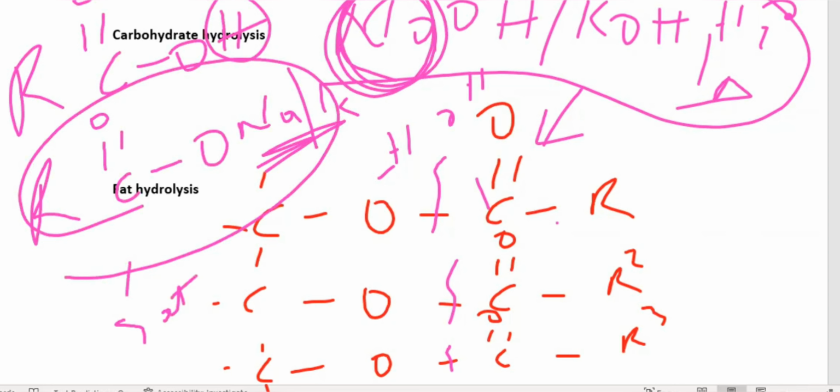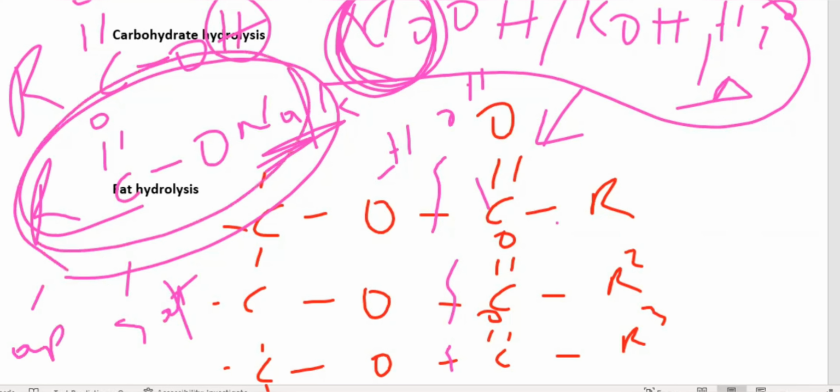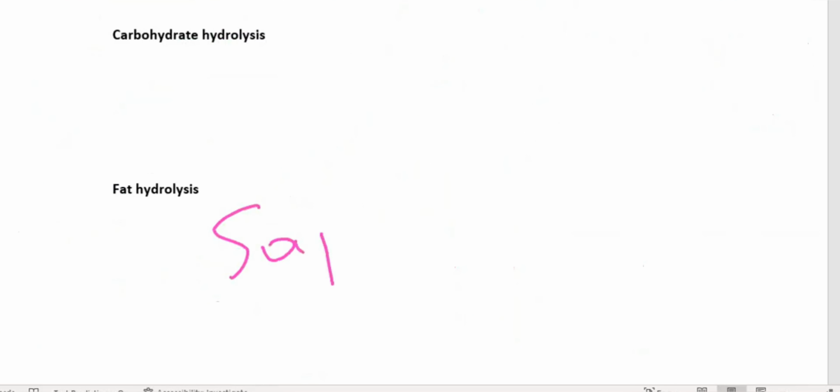So that's a salt. Now, this salt, they found out, can be used to clean clothes. So they call it soap. So this salt is actually soap. And because this process of the alkaline hydrolysis of fats produces soap, they call this process saponification. Okay, they call it saponification.